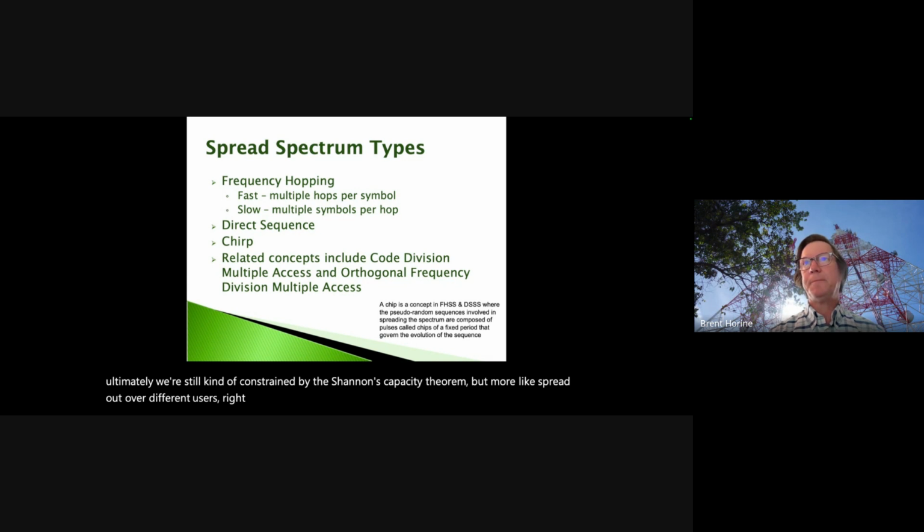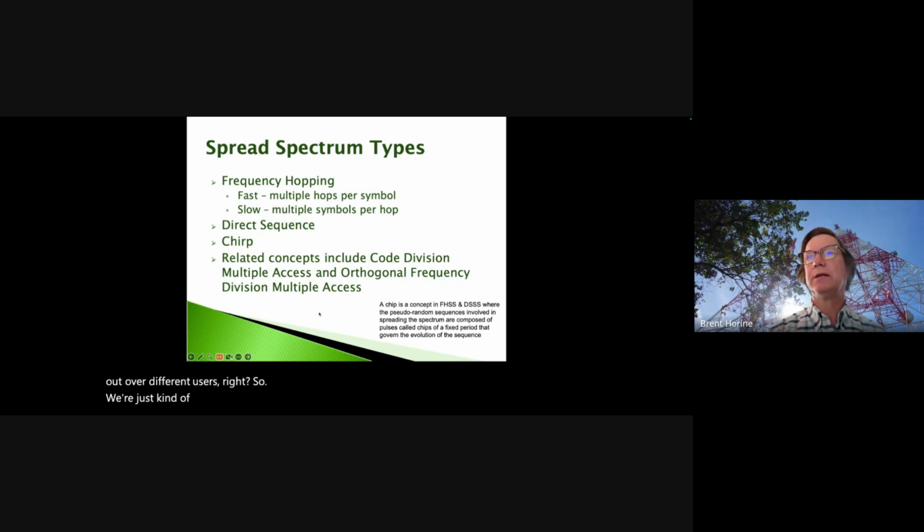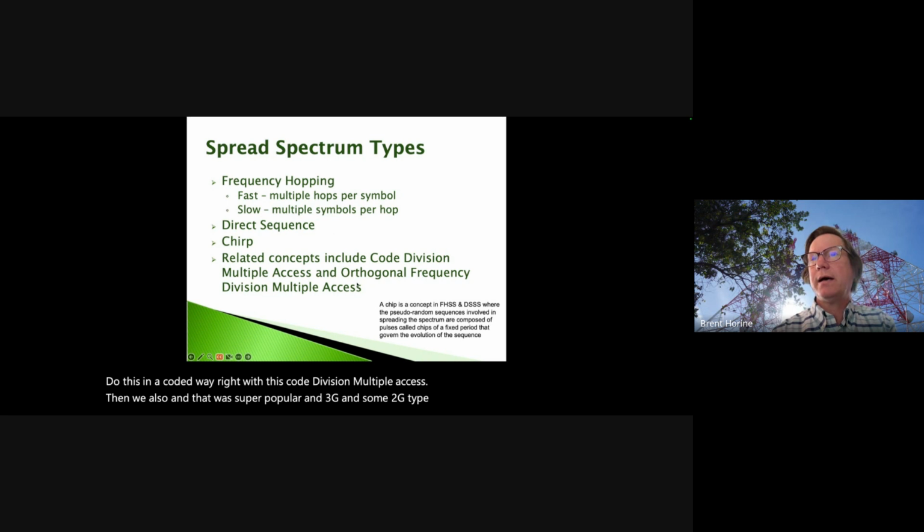So we're just kind of divvying up the spectrum in a little bit different way, and being able to do this in a coded way, right? With this code division multiple access. And that was super popular in 3G and some 2G type systems, right? And still used a lot today also.